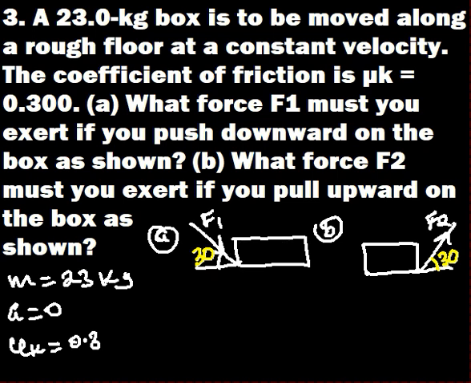So let's analyze the forces acting. We have the weight of the object going down, and the normal force acting up. And since the object is moving in this direction, there is the kinetic friction force Fk that is opposing the motion.